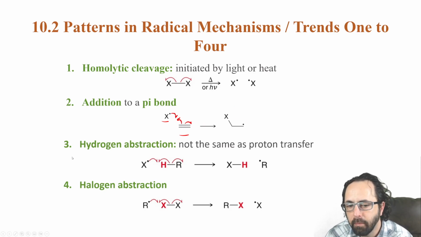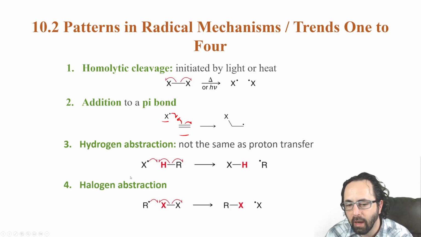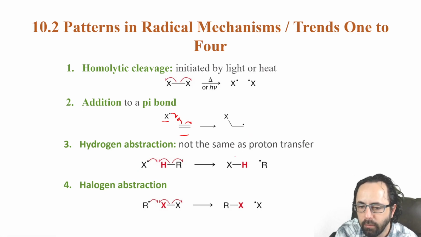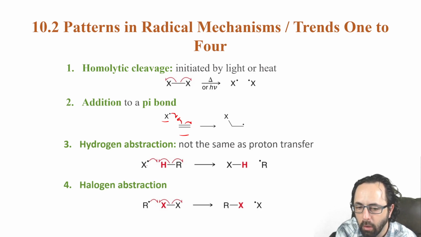The third type of pattern in radical mechanisms is the hydrogen abstraction, and this is where a halogen atom removes a hydrogen atom from an alkane or another organic molecule. So again, this is going to start with a radical and a neutral molecule like the last example.